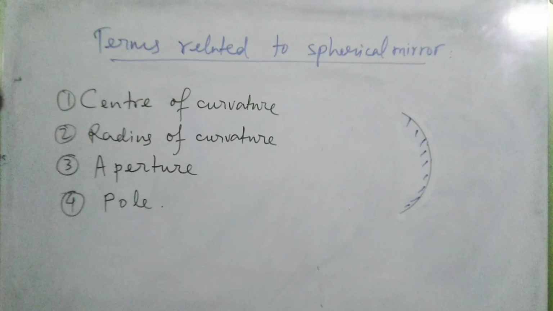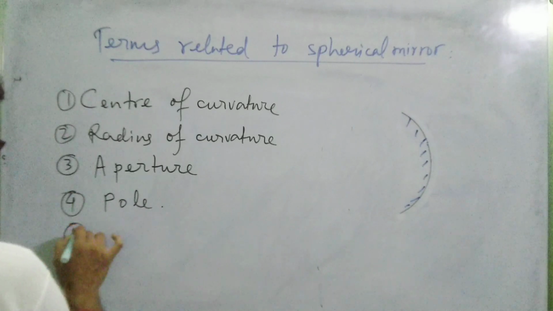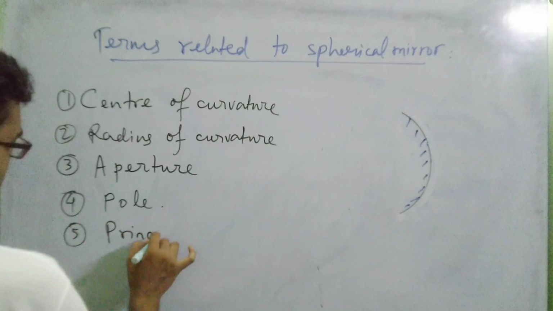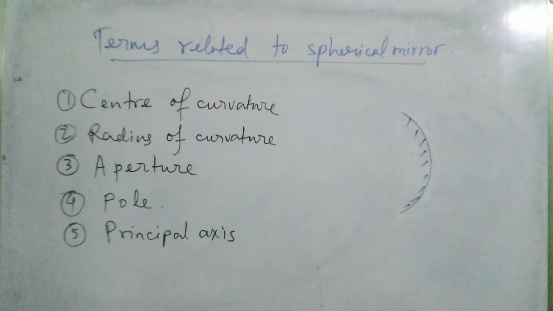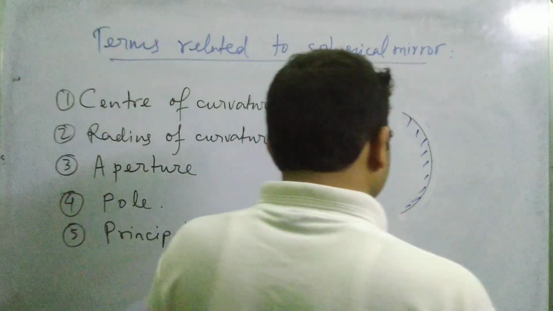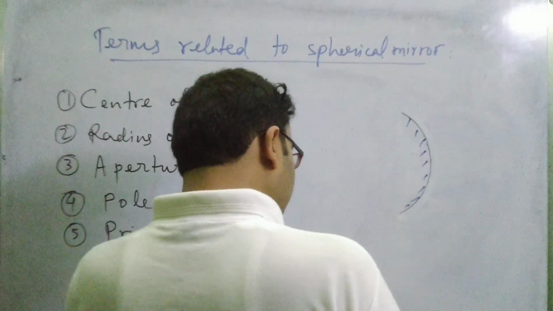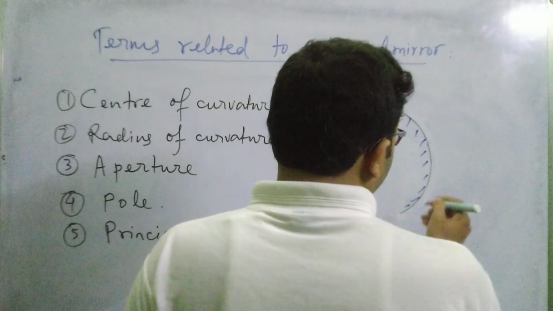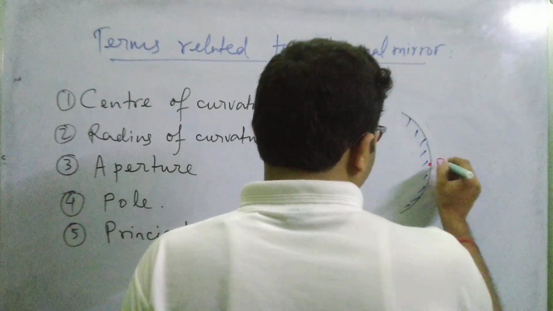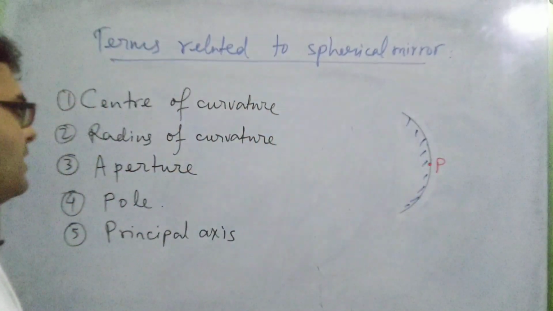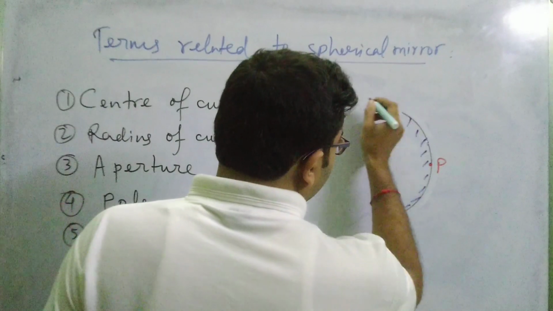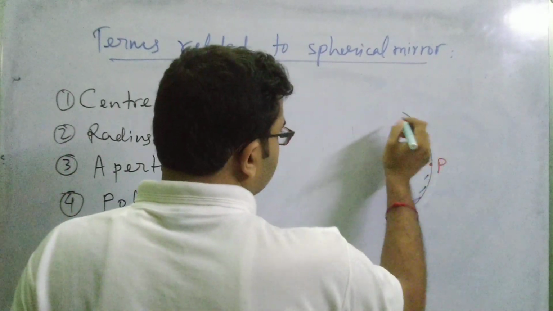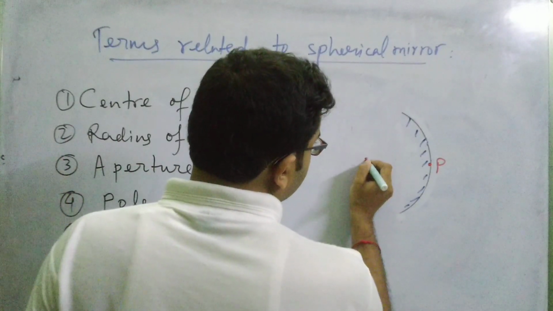Then comes the fifth point, principal axis. What is principal axis? Think of an imaginary line joining the center of curvature and the pole. If I consider this convex mirror, then this should be the pole of the mirror, and the center of curvature, the center of the whole sphere, should be somewhere like this.